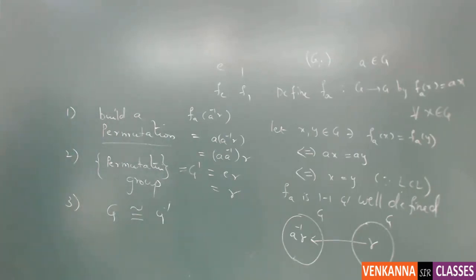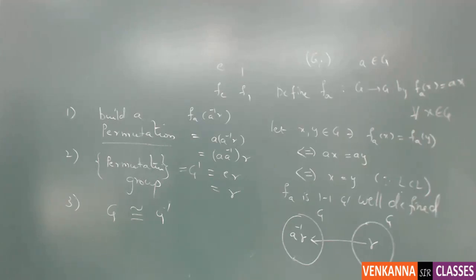So the pre-image varies from permutation to permutation. If you take the permutation as f_a, pre-image is a inverse r. If you take the permutation as f_b, the pre-image is b inverse r, like that. Did you get the logic? How the pre-image existed? That's all.